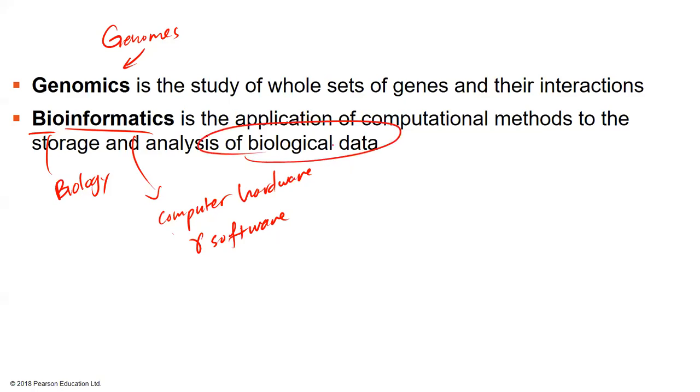So biological data, we're talking about sequences, whether they are amino acid sequences or proteins, or maybe structural data about the structure of proteins, DNA, and many other biological molecules, and many other types of data, etc. Okay.